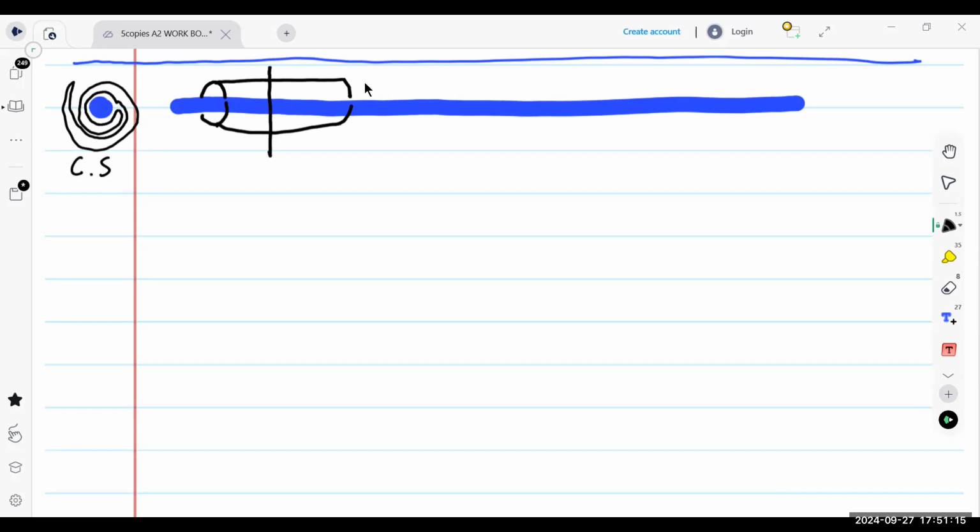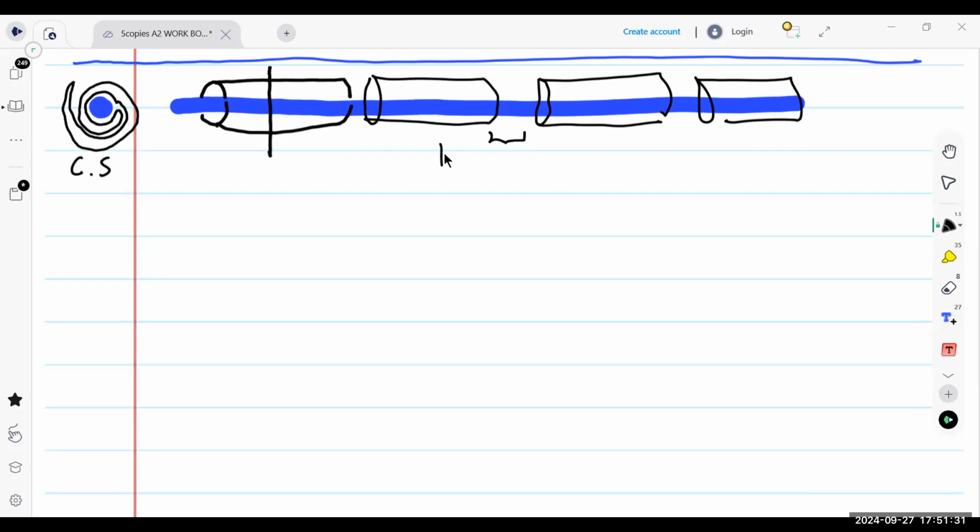Then in the adjacent place, there's another one like this, and another one like this. You can see a gap here. There's always a gap. The gap is called the node of Ranvier. That is the Schwann cell.